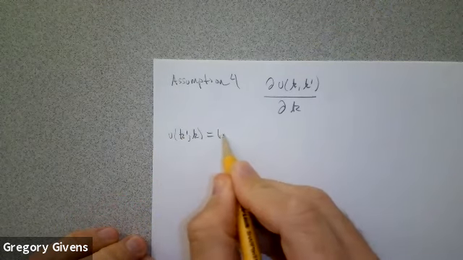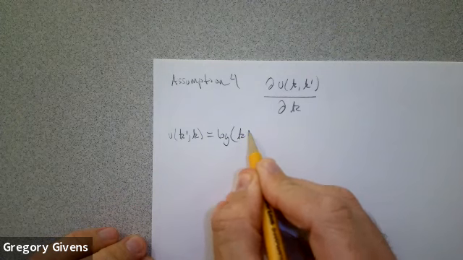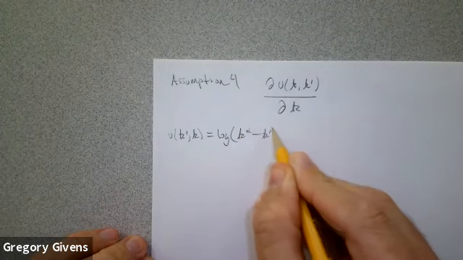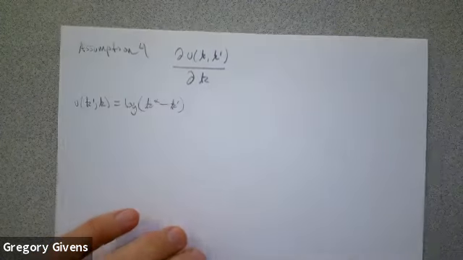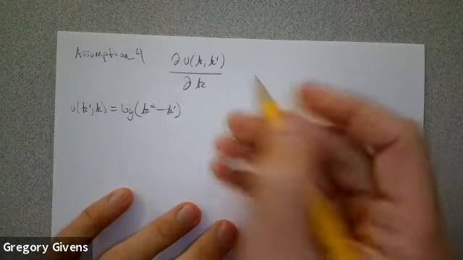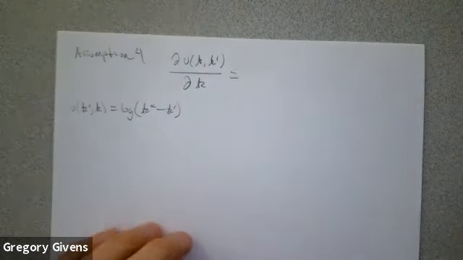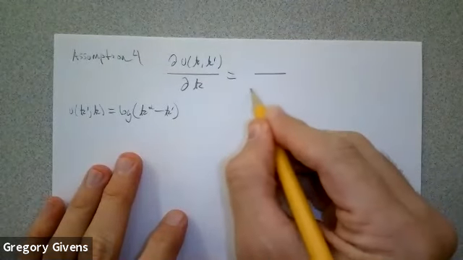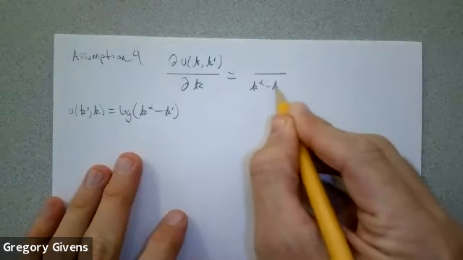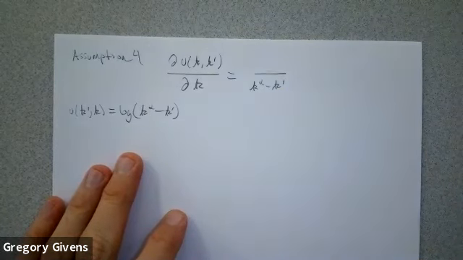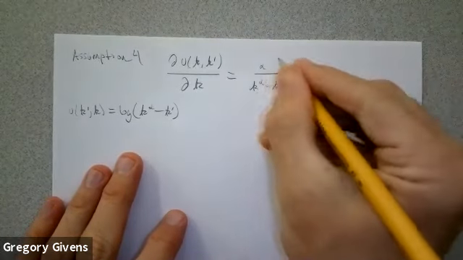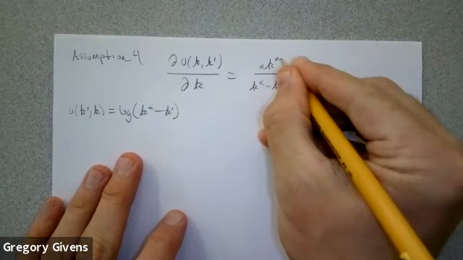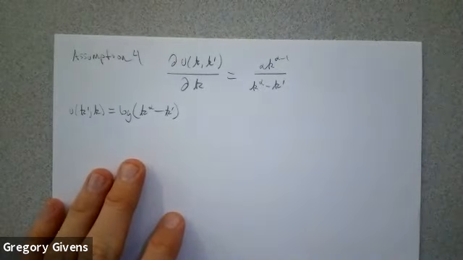It's the log of K to the alpha minus K prime. So the partial of U with respect to K would be equal to what? It would be, let's see, 1 divided by K to the alpha minus K prime times, chain rule, alpha K to the alpha minus 1, right?